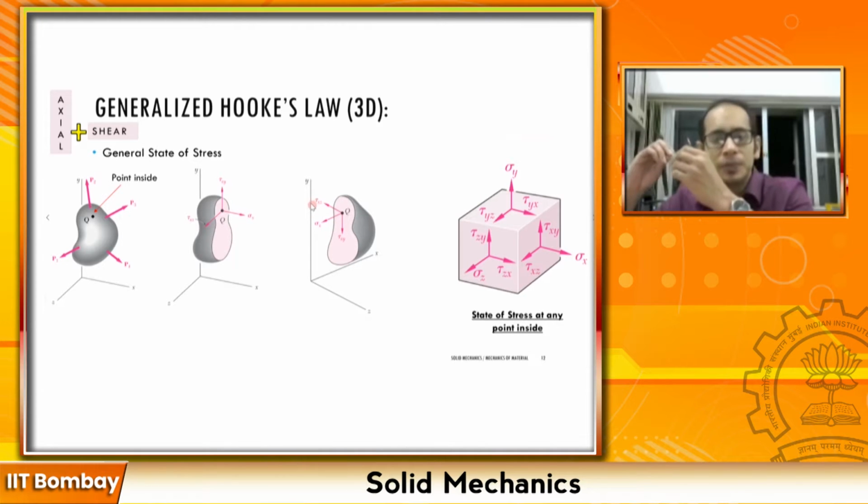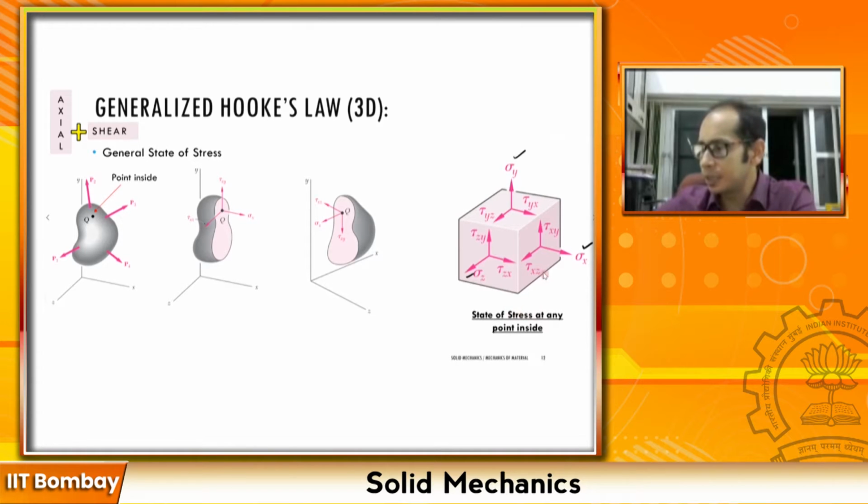So for any point within this particular body, you are going to see all these different states of stresses, right? So this is the state of stress at any point inside. Remember, initially, earlier we had only looked at my sigma x, my sigma y, my sigma z, right?